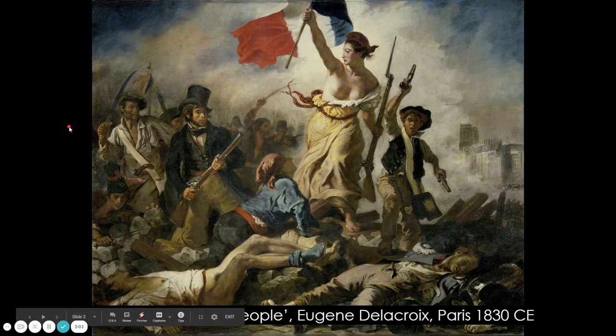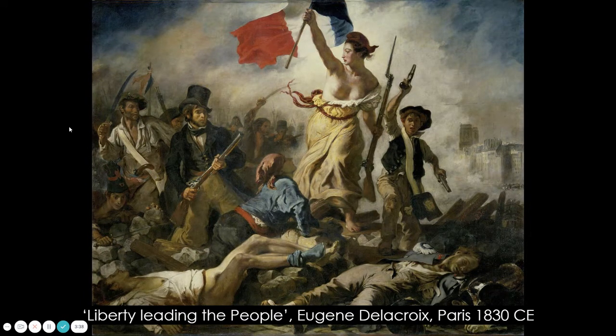The reason for that is that our big idea of classical liberalism this week is an idea that was formulated gradually during the early modern period and really came into fruition at the end of the 18th century, first in the French Revolution of 1789, then in the subsequent French revolutions and other revolutions in Europe in the early part of the 19th century, and particularly perhaps in the American War for Independence and the foundation of the United States of America.